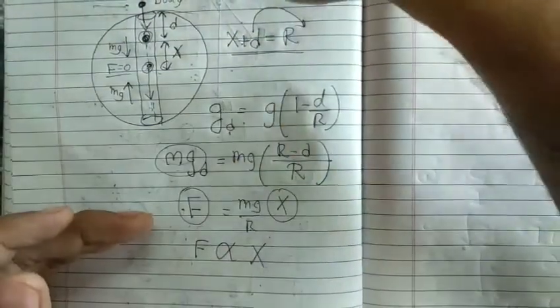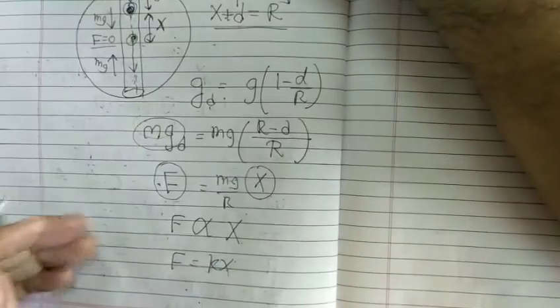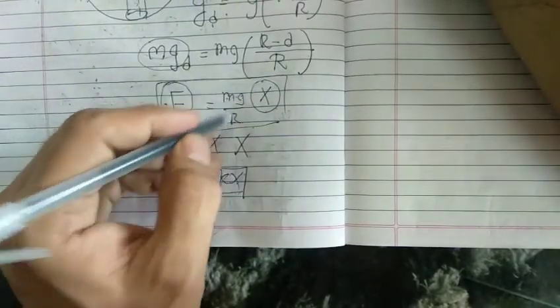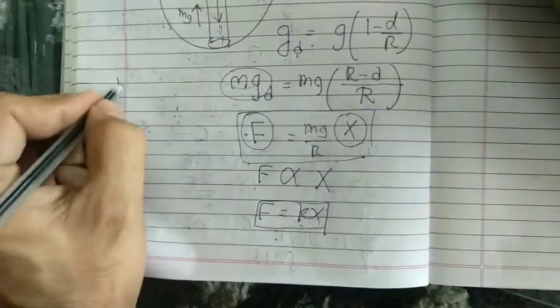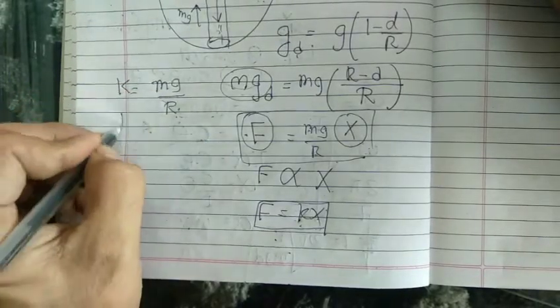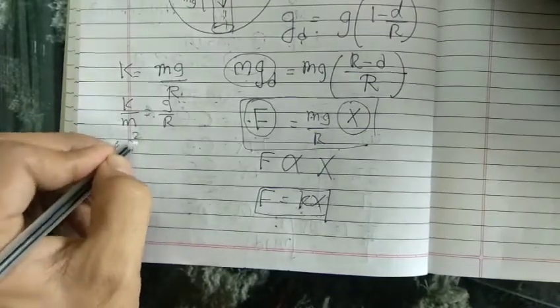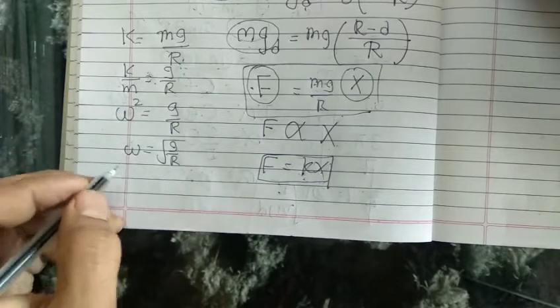Now we want to find out the time period of this SHM. If you compare the formula F equal to kx with this one, you can understand that k, the force constant, is equal to mg divided by R. Now k upon m will be g by R. K upon m is written as omega square in oscillation, so omega will be root of g by R. Write omega as 2 pi upon time period.